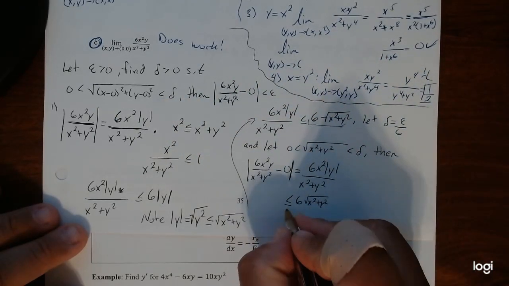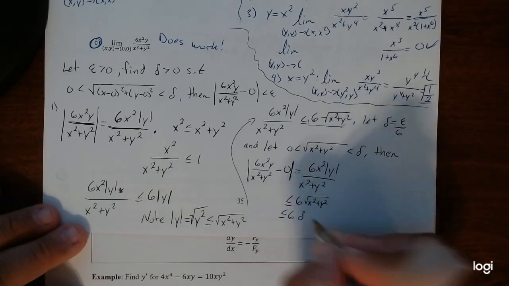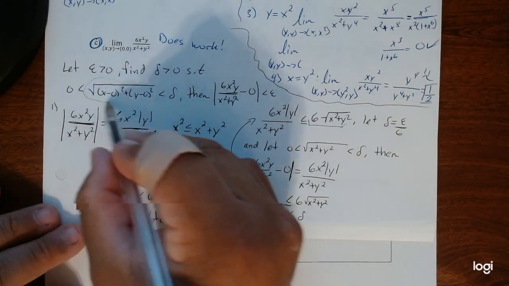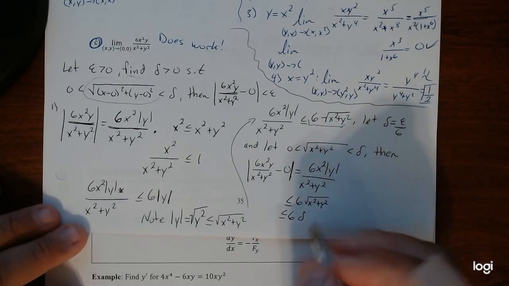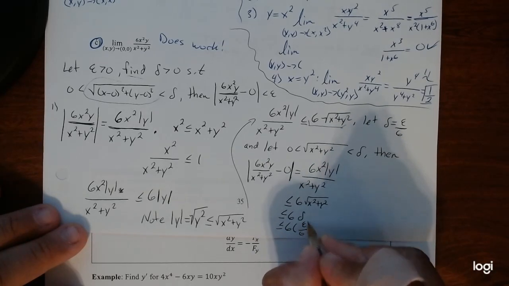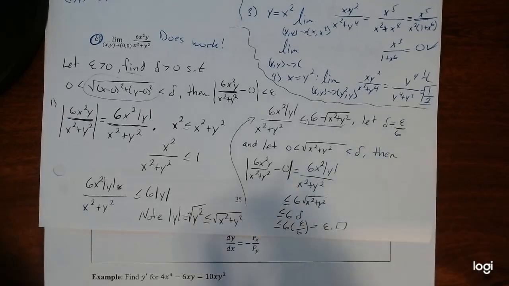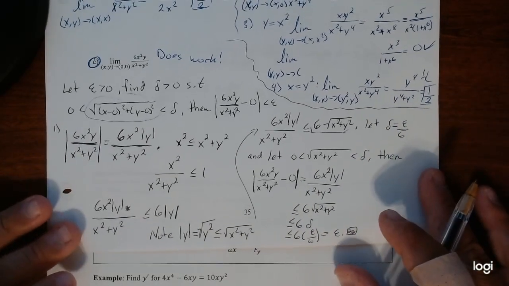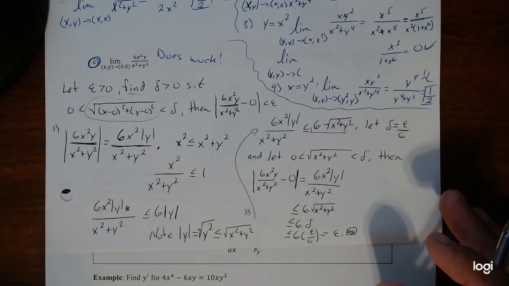So we know this is less than or equal to 6 delta, because we know that's less than delta. So we know this portion is less than this. And then we plug it in. So less than 6 times epsilon over 6, which gives us epsilon. And then we're done. So like I said, showing limits exist is much harder than showing that they do not actually exist.